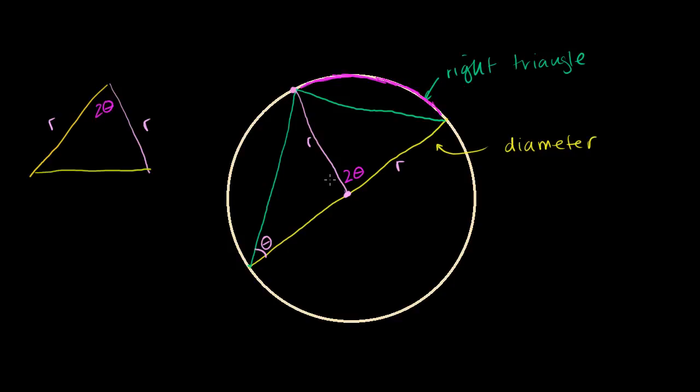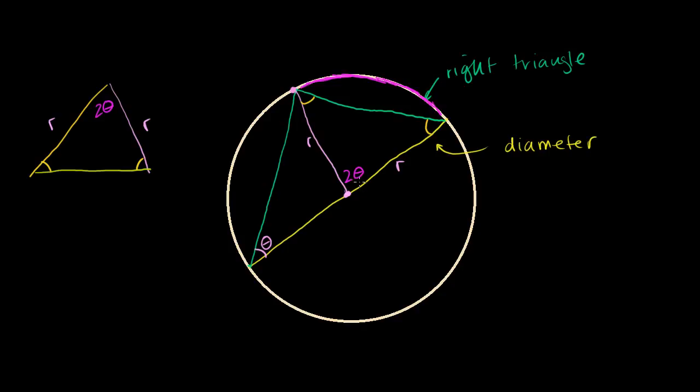Since its two sides are equal, this is isosceles, so these two base angles must be the same. That and that must be the exact same base angle.